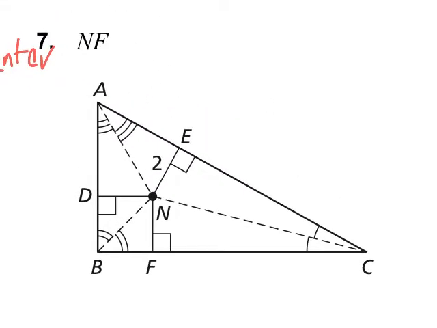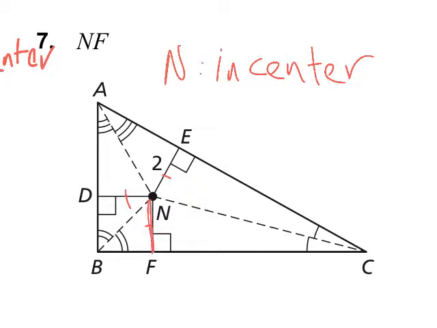And then here in number 7, again, we see angle bisector, angle bisector, angle bisector meeting here, so we know N is an incenter. And we know that incenters are equidistant from the sides. It's asking me for NF, which is congruent to NE, which is labeled, so NF must be 2.